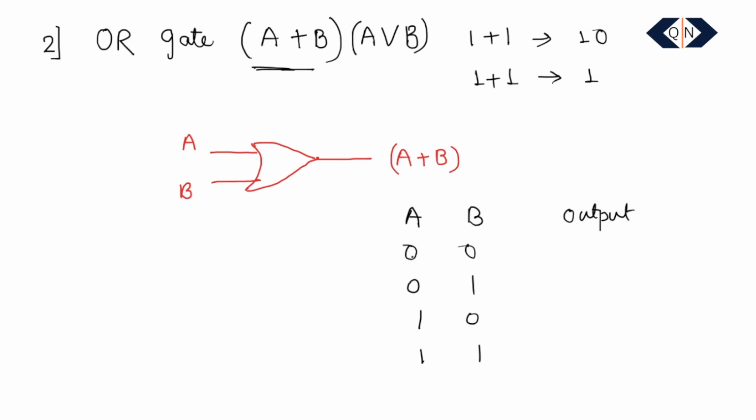So 0 plus 0 you will get 0, 0 plus 1 you will get 1, 1 plus 0 you will get 1, and 1 plus 1 you get 1. So suppose in any situation you want to return output as true if any of the inputs is true. In such a case you can always use the OR gate.